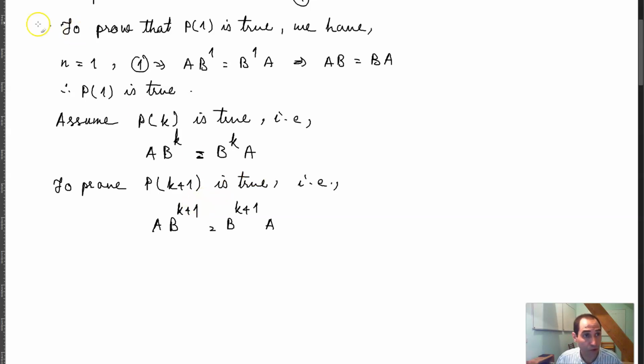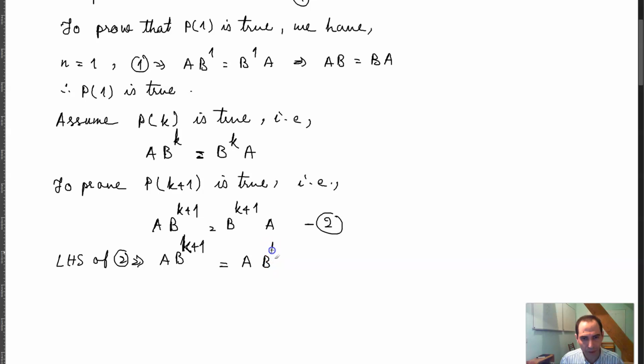Well, let's see how we can do that. Okay, so if I start from the left hand side of this expression, if I call this, for example, number 2, because I already have a 1 over here, the LHS of 2 gives me A times B raised to the power k plus 1, right? That I can write as A times B raised to the power k times B, right?